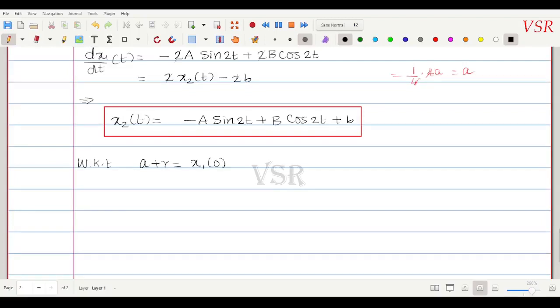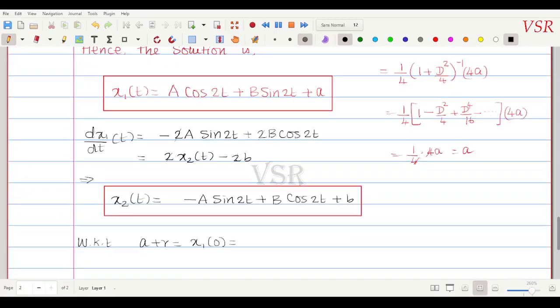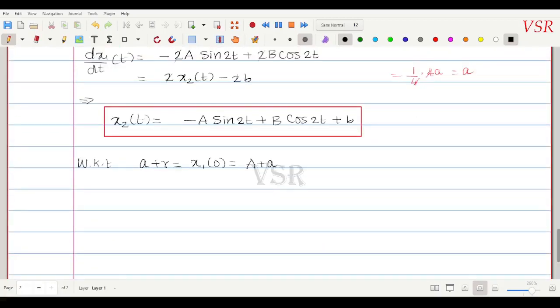Substitute here: instead of t, I put 0. So cos 0 is 1, sin 0 is 0. So we get capital A plus small a. So a plus r equals capital A plus small a. This implies that capital A is equal to r.